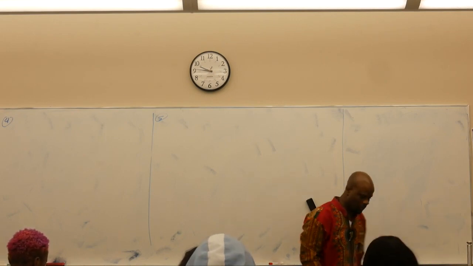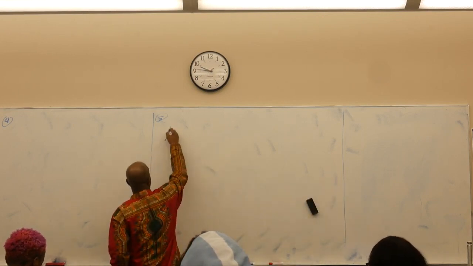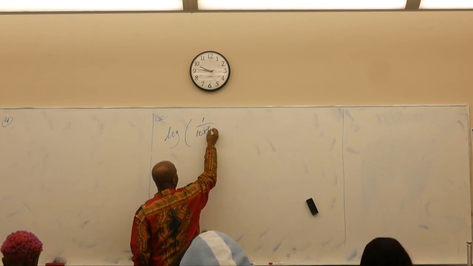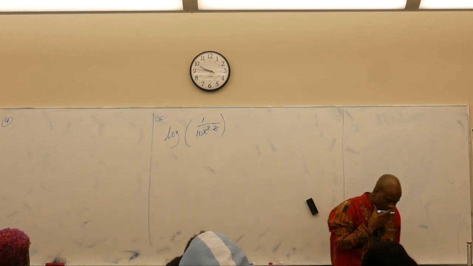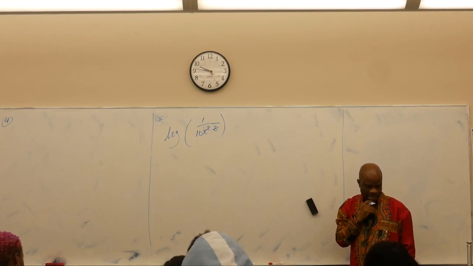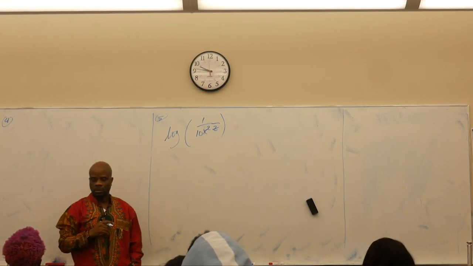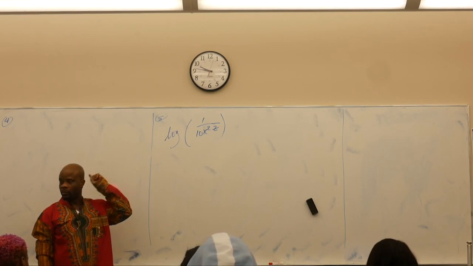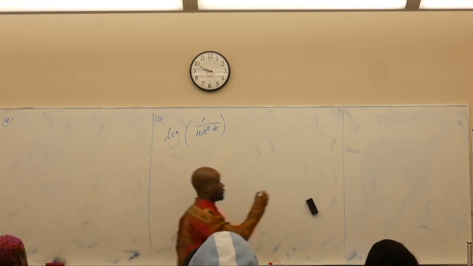So 5E is the log of 1 over 10x squared z. Right? And the instruction is to write it as a logarithm, right? Well, it means to just expand it. All right, remember we had the expansion and the condensed form?